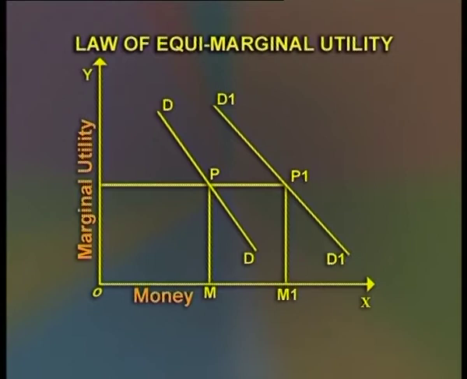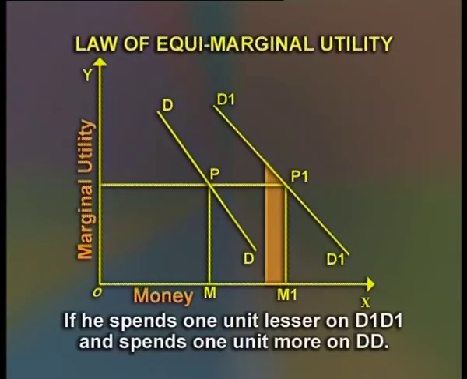For example, if he spends 1 unit lesser on D1 and spends 1 rupee more on DD, we find that the area below those curves changes. The area under D1 is greater than the area under DD due to the change.